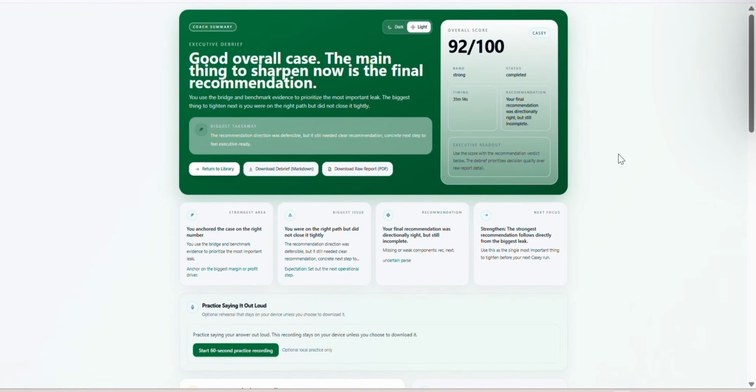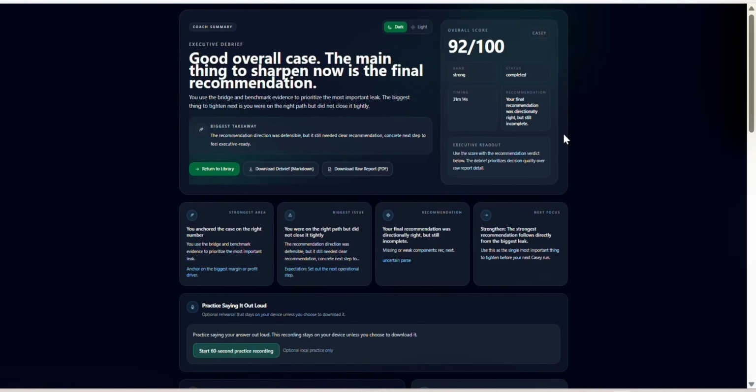So once we're done doing that, what we can see here is that the coach scored us at 92 out of 100. 92%? That's pretty cool. I prefer dark mode, so I'm just going to switch to dark mode because it's readable for me. And the coach breakdown tells us how we performed.